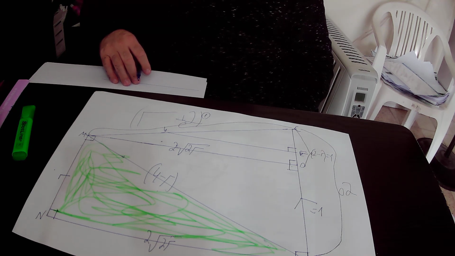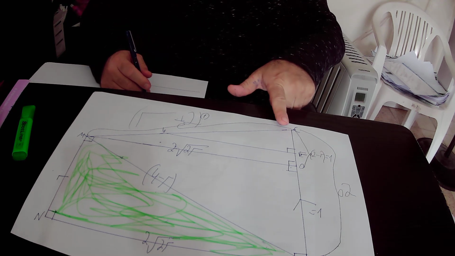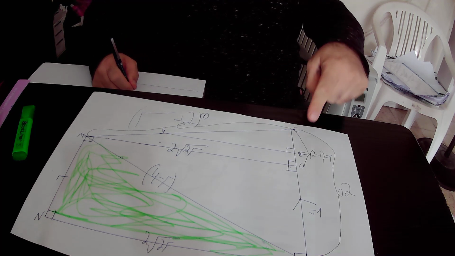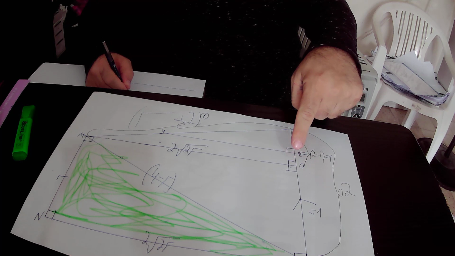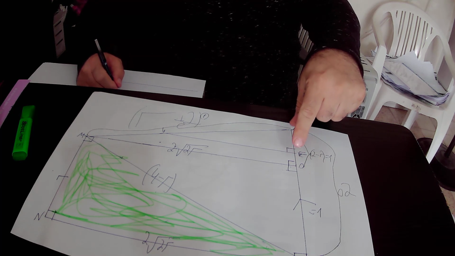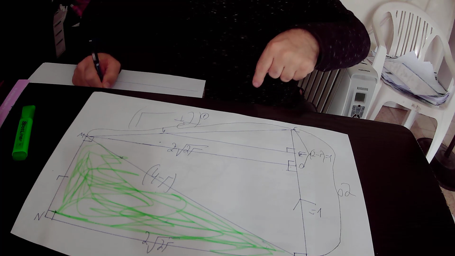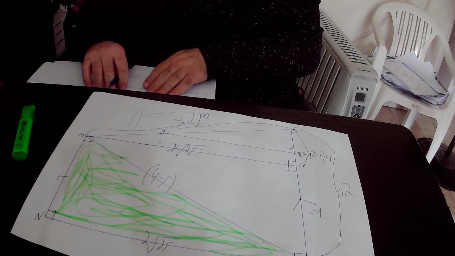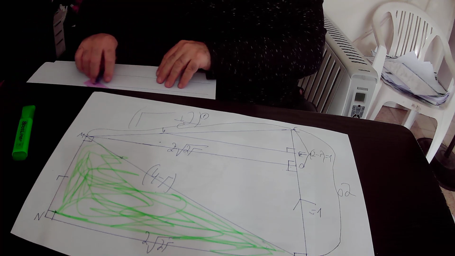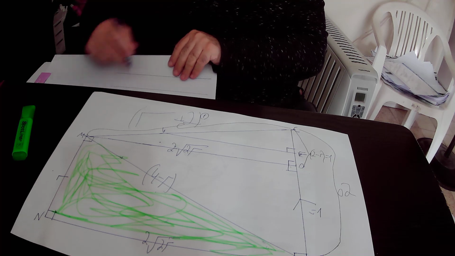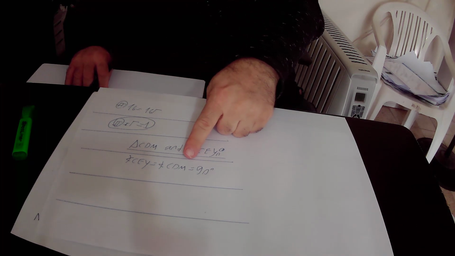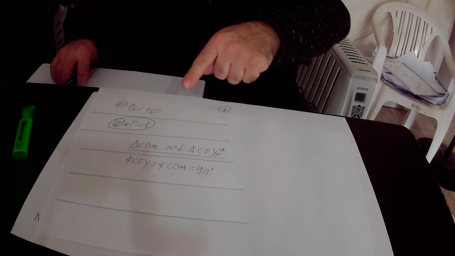So we can write down that angle CEY of triangle CEY is equal to angle CDM of triangle CDM, and both angles are right angles, that is to say they are equal to 90 degrees.